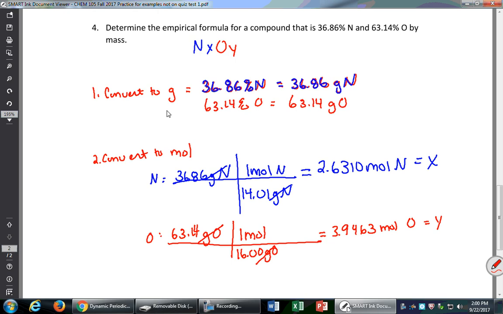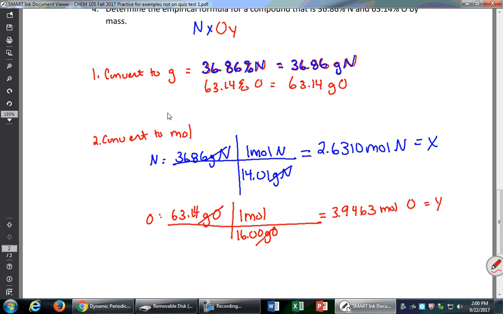So now I just plug that into X and Y to make my formula, my pseudo formula. It's not quite finished. So N 2.6310, because clearly this isn't whole numbers, and O 3.9463. So now I want to divide both of those numbers by my lowest given number, and in this case it's 2.6310.